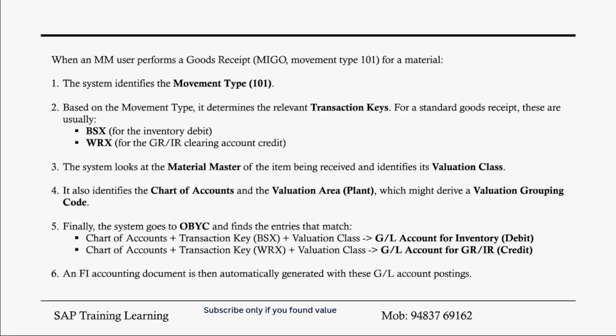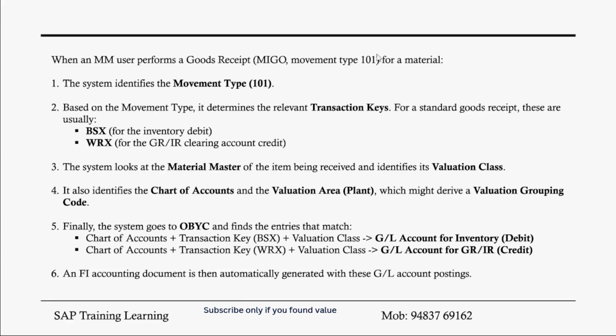So the same example, if we discuss further: when a user performs a goods receipt using MIGO, we will see movement type 101. Goods receipt against a purchase order, the movement type will be 101.